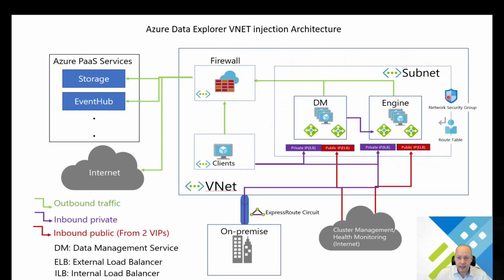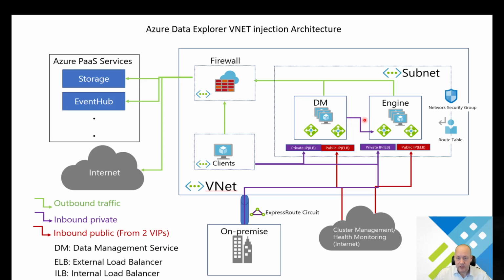This subnet is protected by a network security group, and this has 2 responsibilities. On the one hand side, protect the network access. On the other side, provide our cluster management and health monitoring the ability to connect to our service in here in order to make sure that it's running and it's running fine.